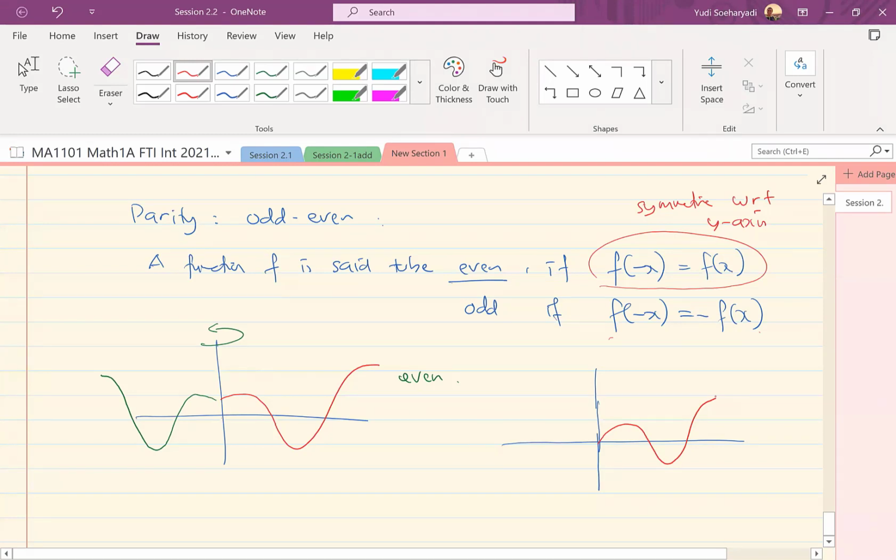Let's see, this is 1, this is 2, this is 3. What about the values at -1, -2, -3? This should be the negative of what we have here.